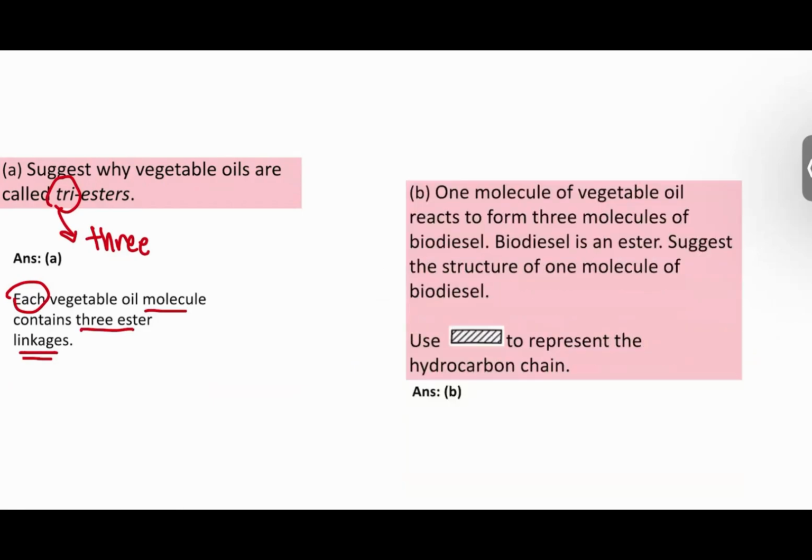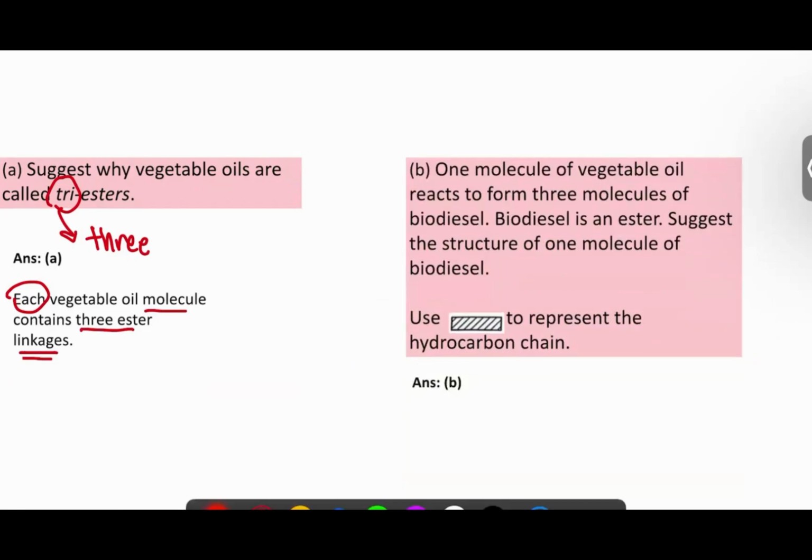Okay, next. One molecule of vegetable oil reacts to form 3 molecules of biodiesel. Suggest the structure of one molecule. Use this to represent the hydrocarbon link. So for this part, we have to draw it up. It will look like this, one molecule.